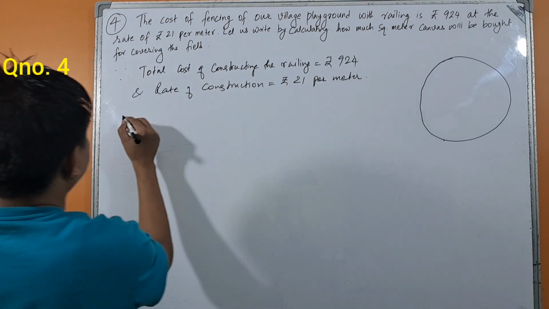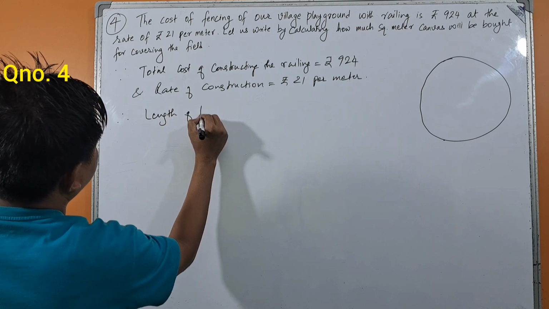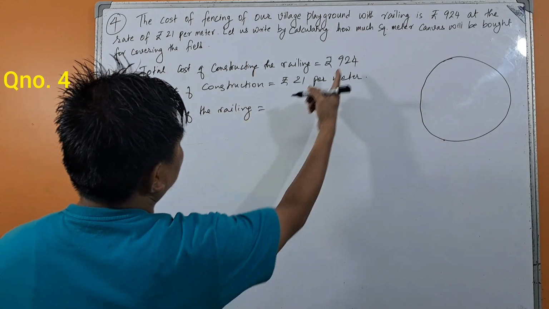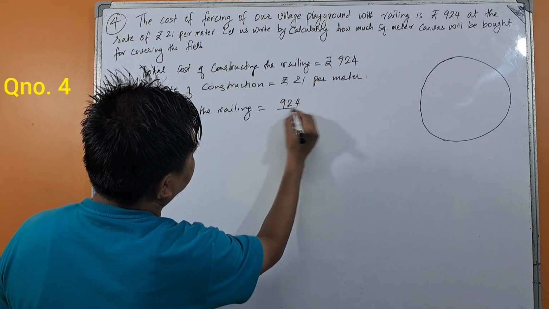So what will be the length of the railing? Therefore, length of the railing equal to total cost divided by rate. Total cost is 924 divided by rate 21.